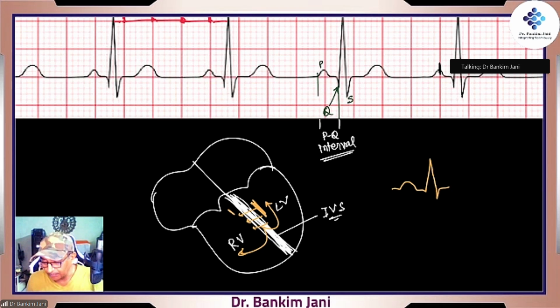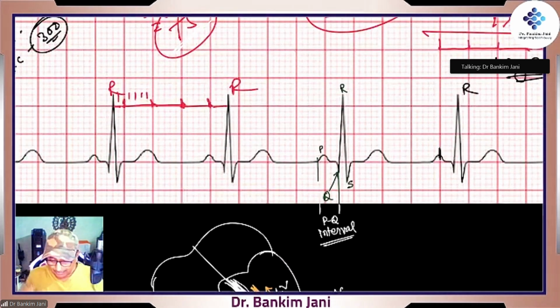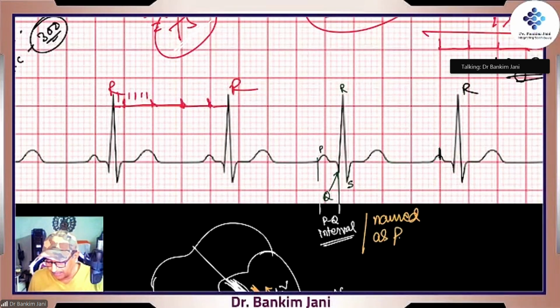That is why when it is calculated, it is calculated at its lowest level over here. That is what is called the PR interval. Yes, you are right, in fact it should be named PQ, but whatever it is, the reality is PQ, but it is named PR interval.